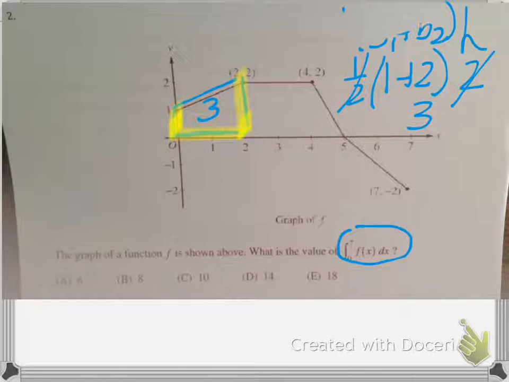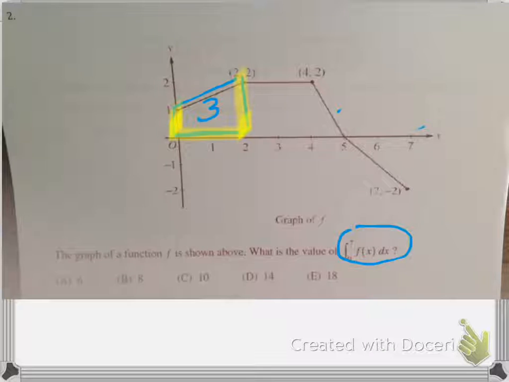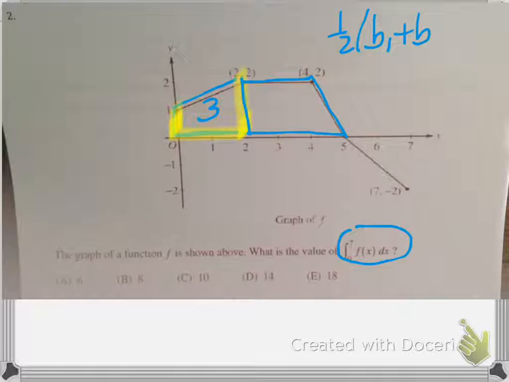Okay, then go to the next piece. So the next piece is going to be this trapezoid over here. We use the same formula. Let me get another color.